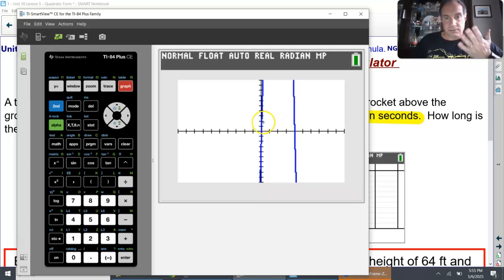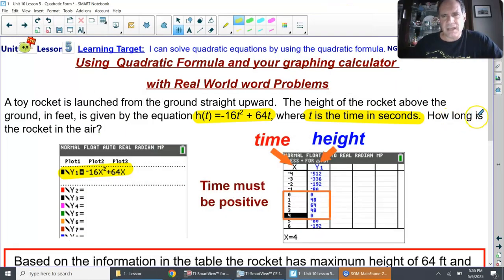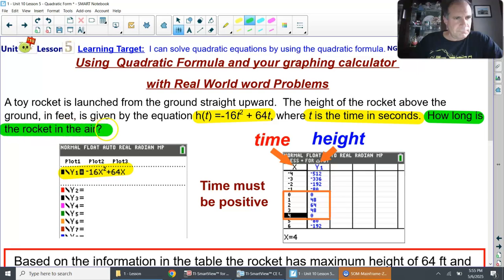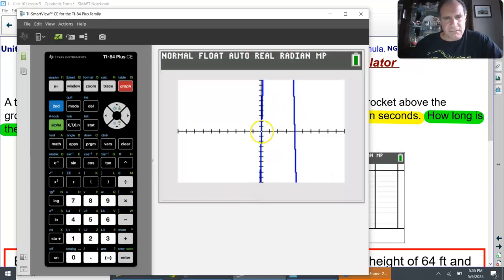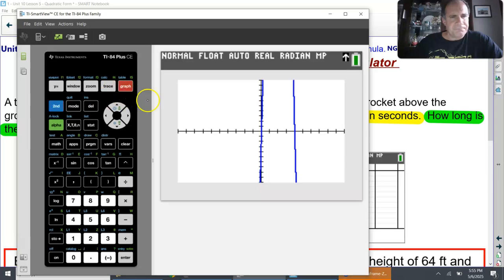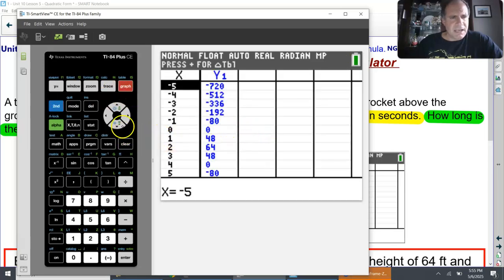The graph is like completely, like you missed the top part of this, but it doesn't matter because the question is, how long is the rocket in the air? So t, the x, is the time, right? And how long is the rocket in the air? So it looks like the rocket is in the air right here.